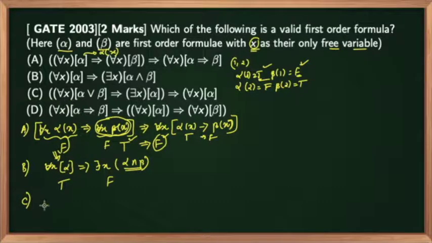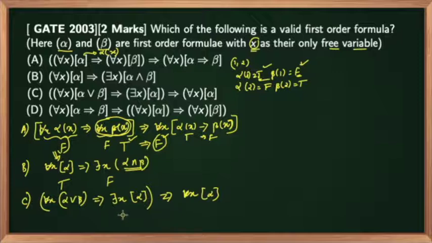It says for all x, alpha or beta implies there exists an alpha, right? All this implies for all x alpha.